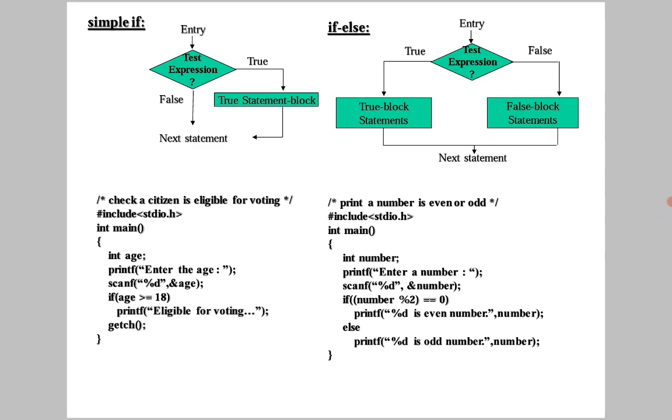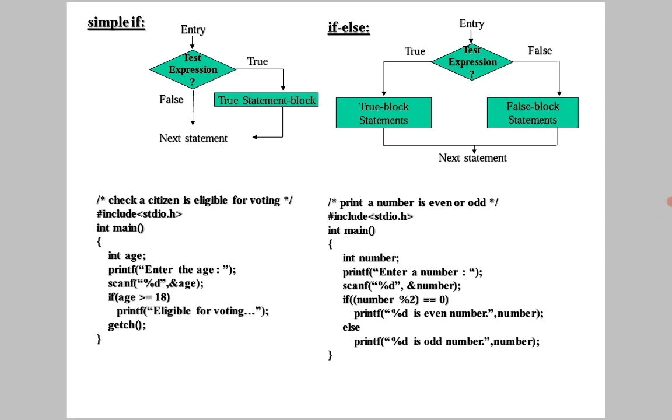Here two types of if statements are used. The first one is called a simple if statement. It only has a true part. Another type is called the if-else statement. It generally has two parts, a true condition and a false condition.